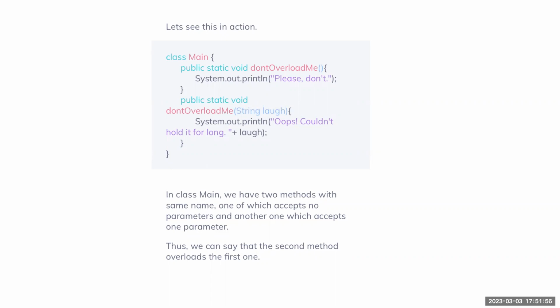If you clearly observe here, the two methods in this class have the same name: public static void don't overload me, public static void don't overload me. So what is the difference that you see? It is only the parameter that we are passing in the second method.